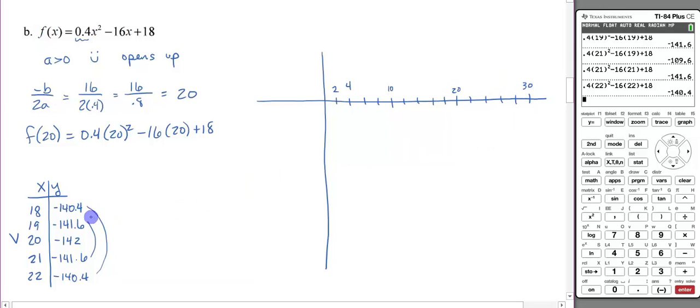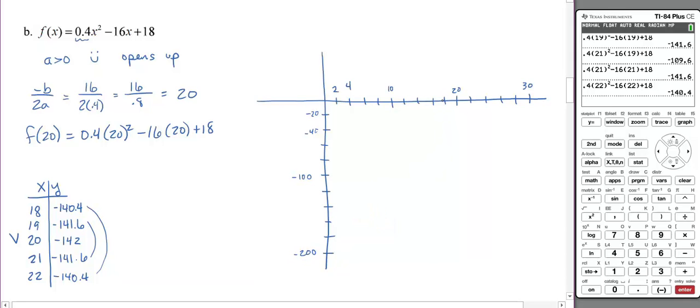And on the y-axis we have some larger numbers there as well. So let's maybe go by 20s. So this would be a negative 20 there, negative 40, negative 60, negative 80, negative 100, negative 120, negative 140, negative 160, negative 180, negative 200, and we'll see how we end up here.